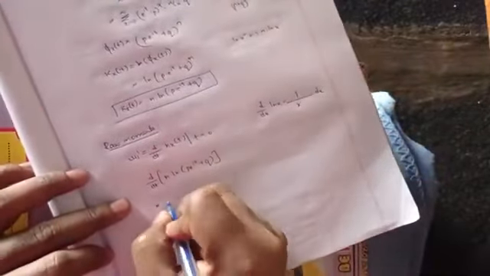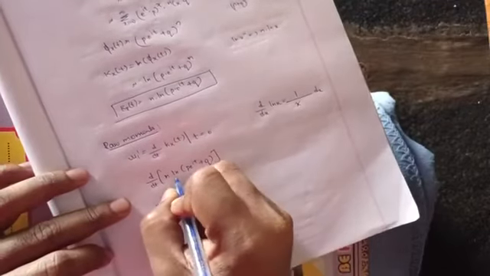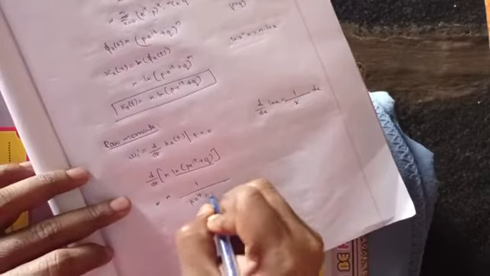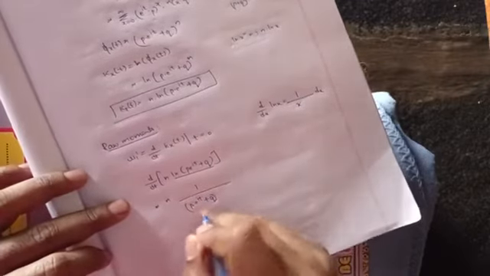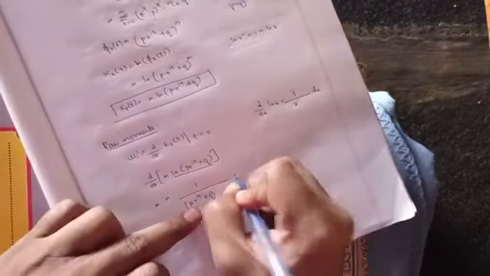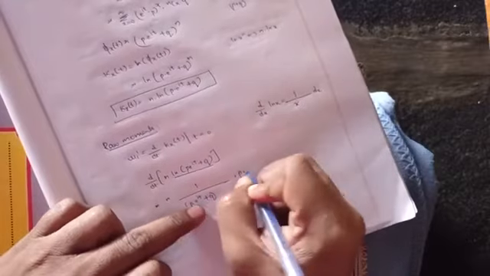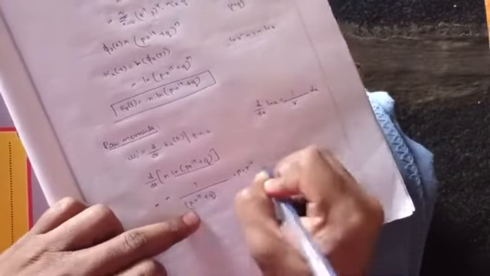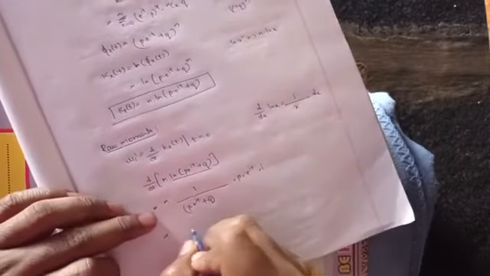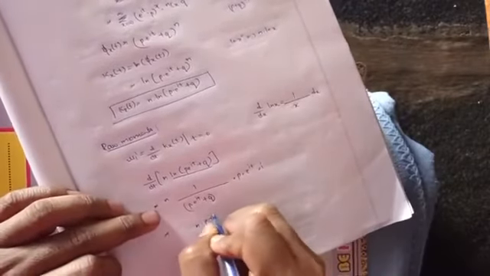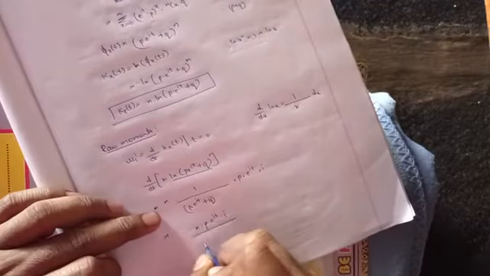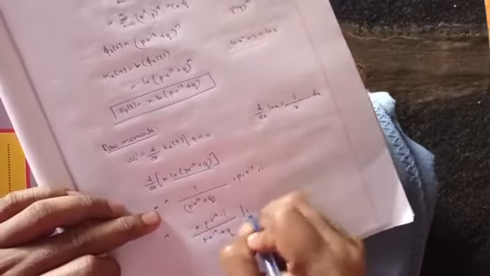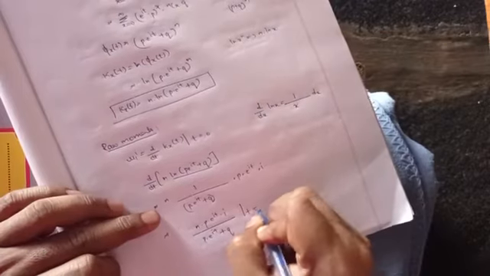So n is the constant term, so we keep the n. We can write the entire term as 1 by (p into e power it plus q). We have to differentiate this inner value also. Then what will we get? We get p into e power it, and we have to differentiate the power term also, that is i. So we have n into p into e power it into i by (p into e power it plus q), at t equal to 0.